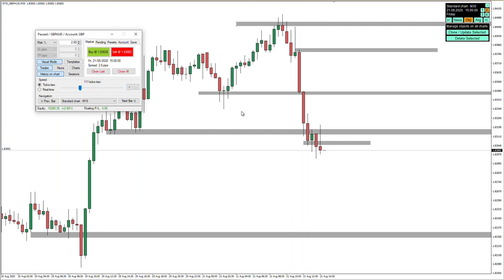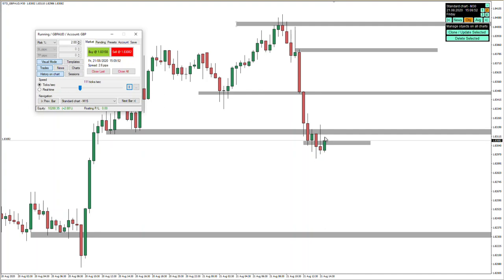And if I sell, it will be 2% risk. Okay, nice. Maybe we can form a nice upper wick. Now I want to see price to break this low.